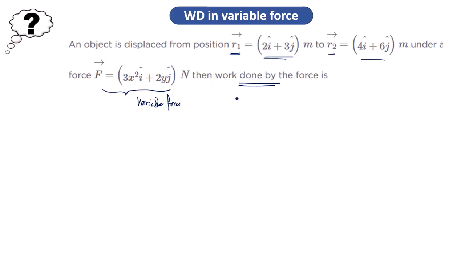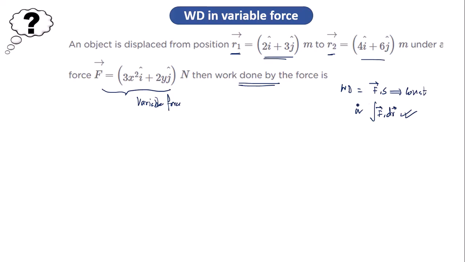You know that whenever the work done has to be calculated, either we can calculate the work done by simply the product of F vector dot s vector, or I can calculate it as the integral of F vector dot dr vector. The second formulation, the integration format, has to be used whenever the force is variable. Whenever the force is constant, I should go for the first expression.